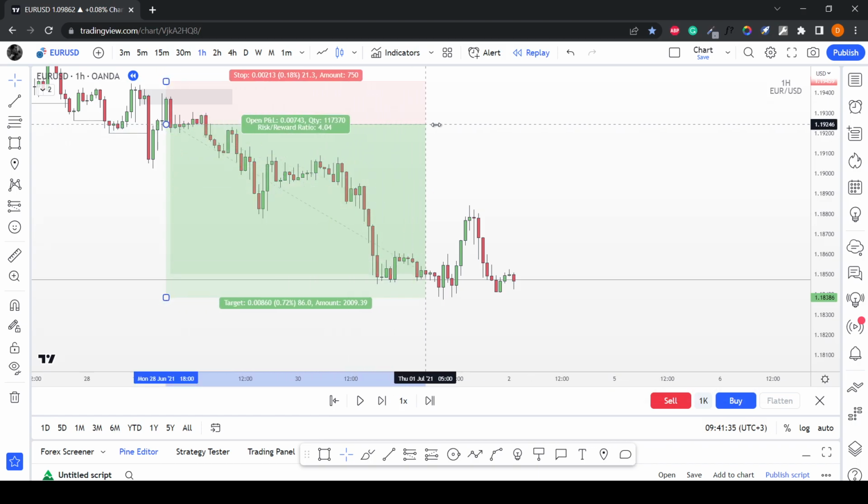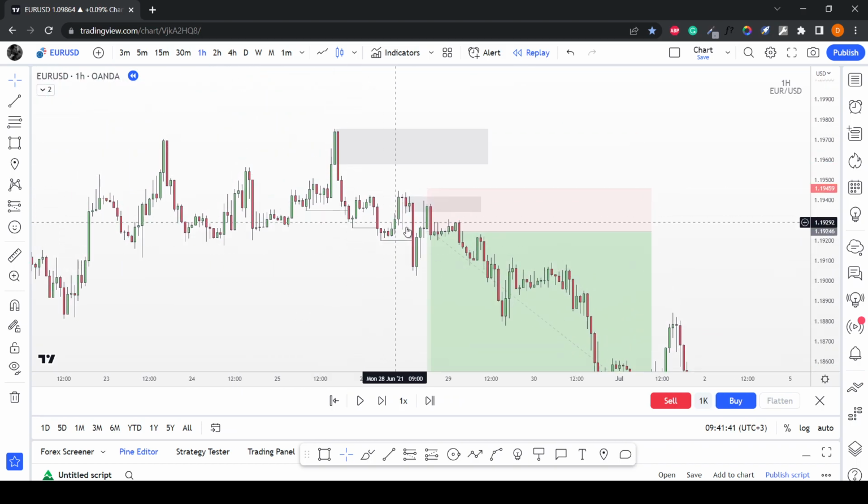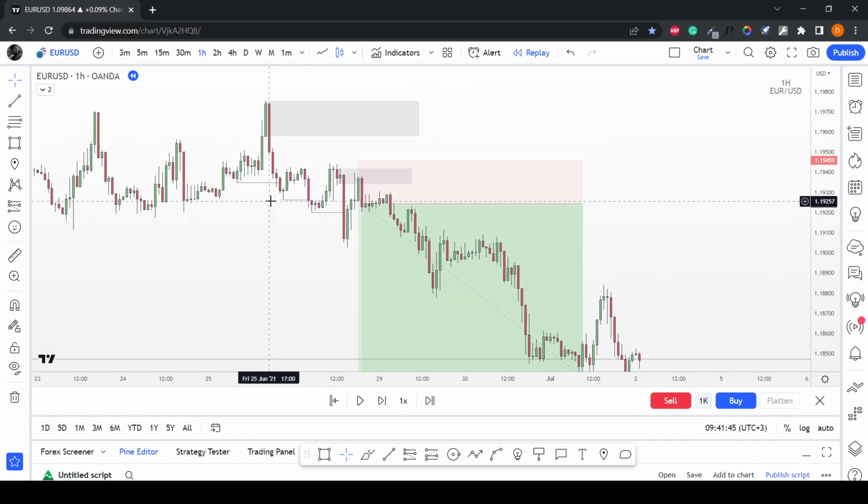So at this point, yeah, we hit take profit, and this is an example of what a trade can look like. And this is why sometimes, or even often, you can be okay with missing the moves, because if you remember, I didn't want to enter here.